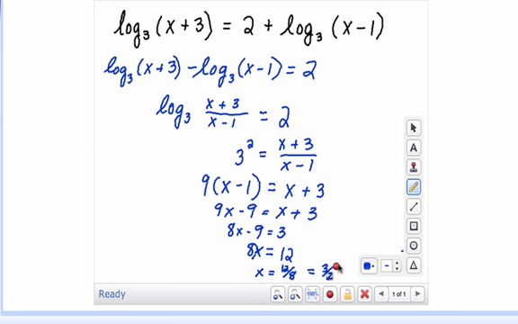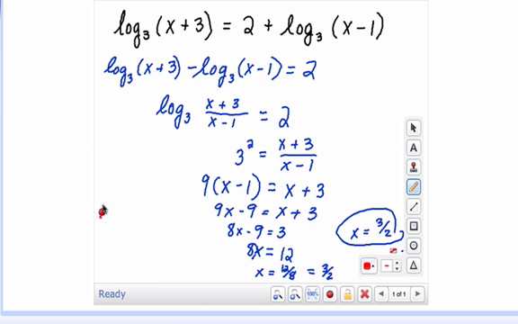Okay, so now remember, whenever you have a log equation and you're solving for x, you always need to check your answer. So we want to check and see if x equals 3/2 is an answer that we can use. What you're going to do to check your answer is simply plug this back in.